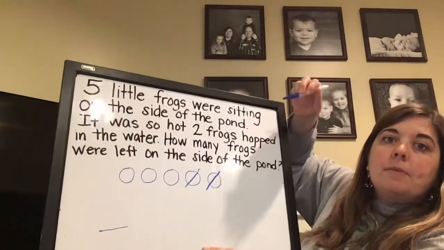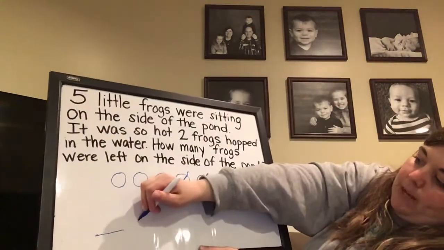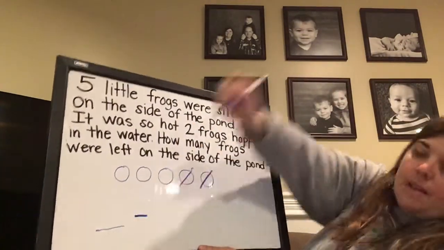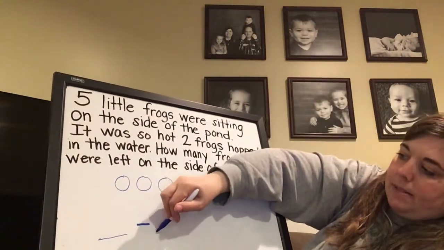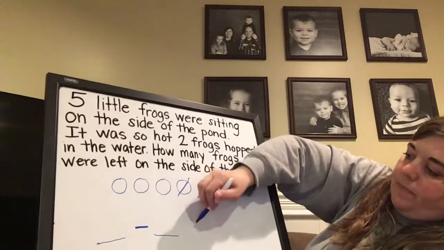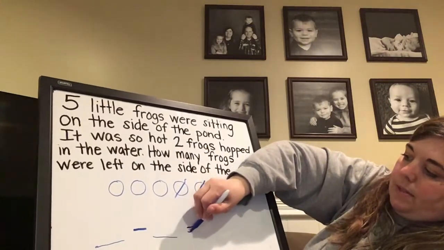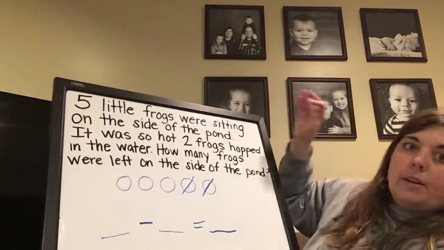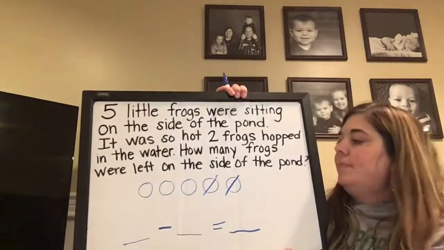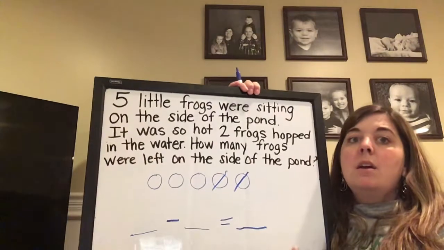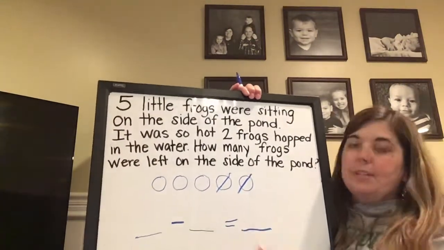Remember, that symbol for minus or takeaway is that. So something minus something equals, and sorry, my lines are a little crooked. Okay. Pause and make sure that you have your number sentence looking just like mine.